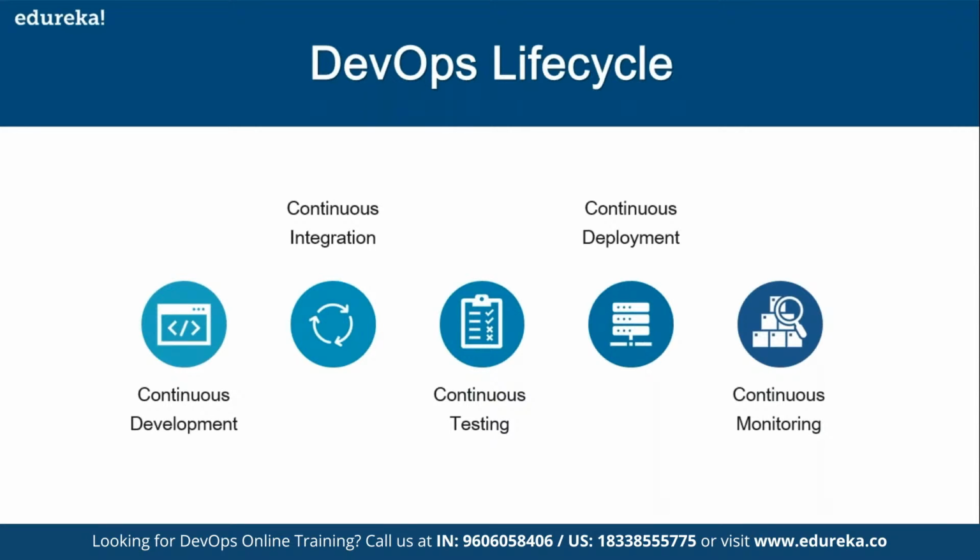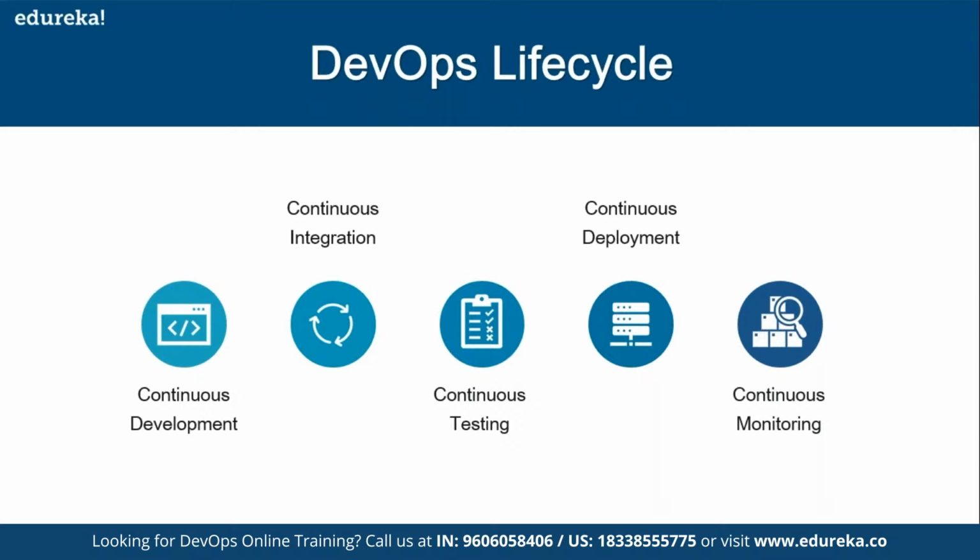Now, continuous development, before we touch upon monitoring, is simply a phase that involves planning and coding of the software, and the vision of the project is usually decided during the planning phase, right? The developers begin developing the code for the application.